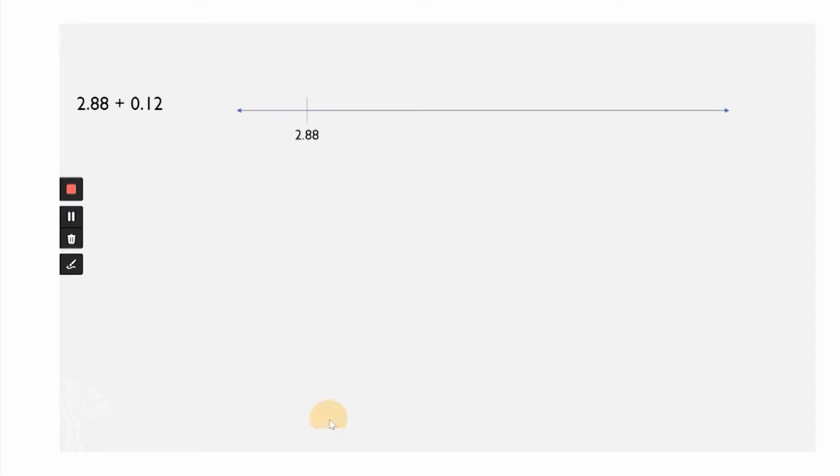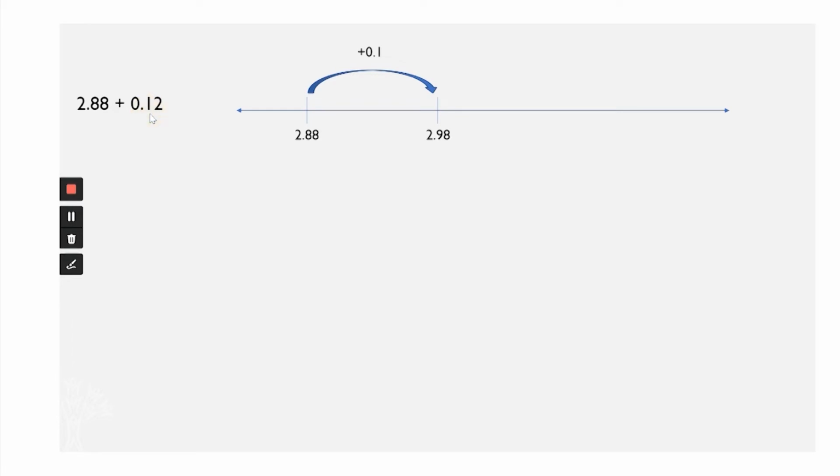Okay, so for this one, I decided I was going to make friendly jumps by splitting up the second addend into tenths and hundredths. So first I just added 1/10, which we learned earlier is the same as 10 hundredths. So I had to think in my head, 88 hundredths plus 10 hundredths is 98 hundredths.